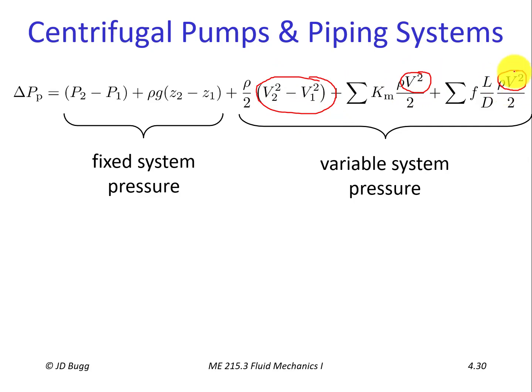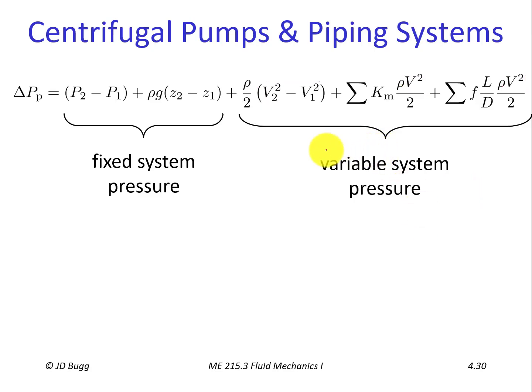So everything in the variable system pressure depends on V, the velocity in the pipe, or in a moment we're going to convert that over to the flow rate through the pipe. So the words fixed and variable refer to the flow rate through the piping system. The first two terms are independent of the flow rate, so these energy requirements are independent of how much flow there actually is in the piping system, whereas all of these energy requirements depend on that flow rate.